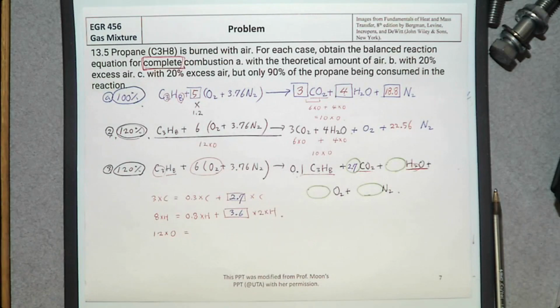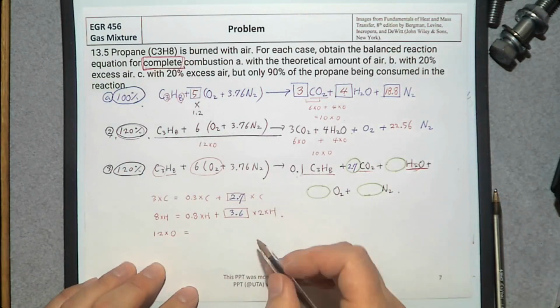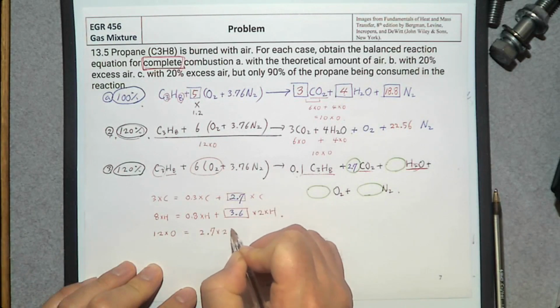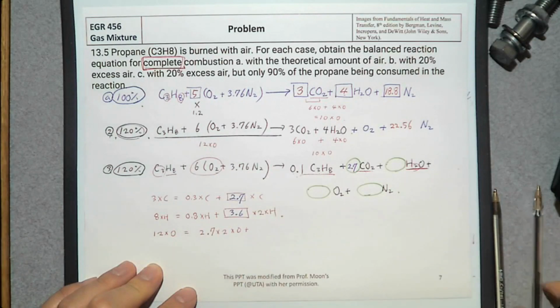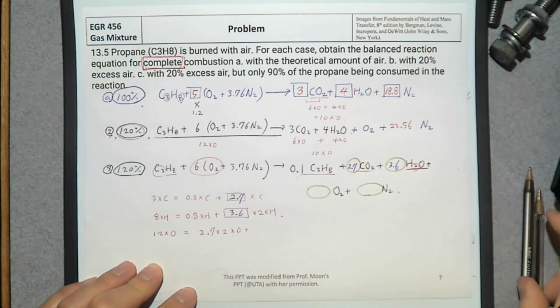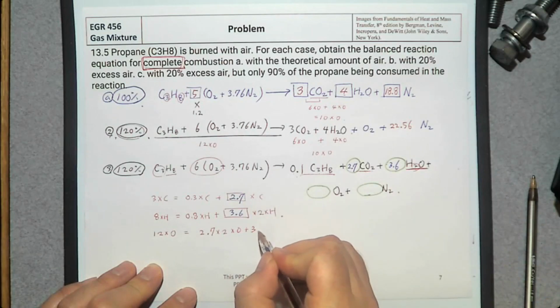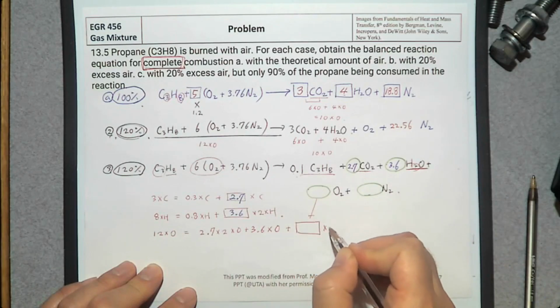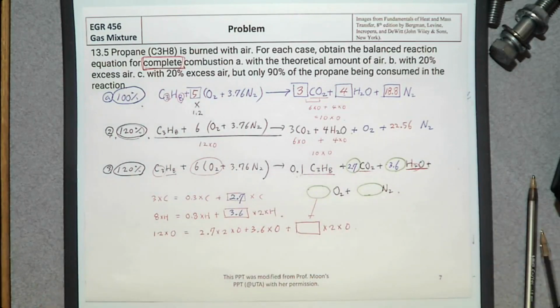We have 2.7 times 2 oxygen plus 3.6 oxygen plus this one times 2 oxygen. So if you solve this equation, you can determine how many moles of oxygen required in the product.